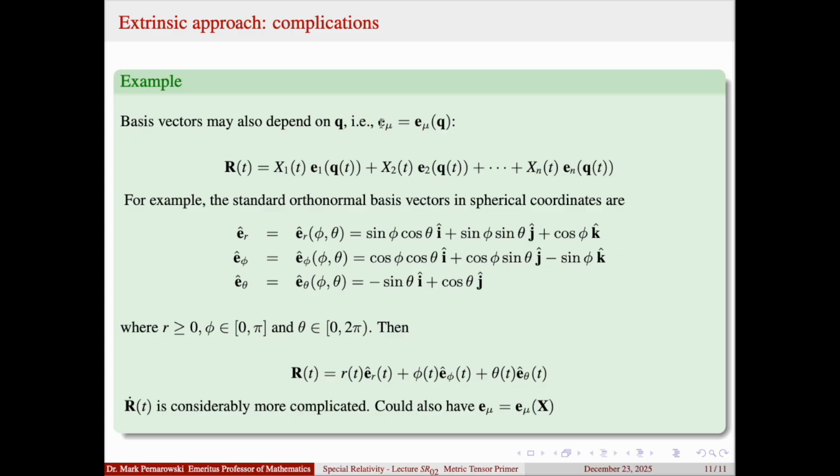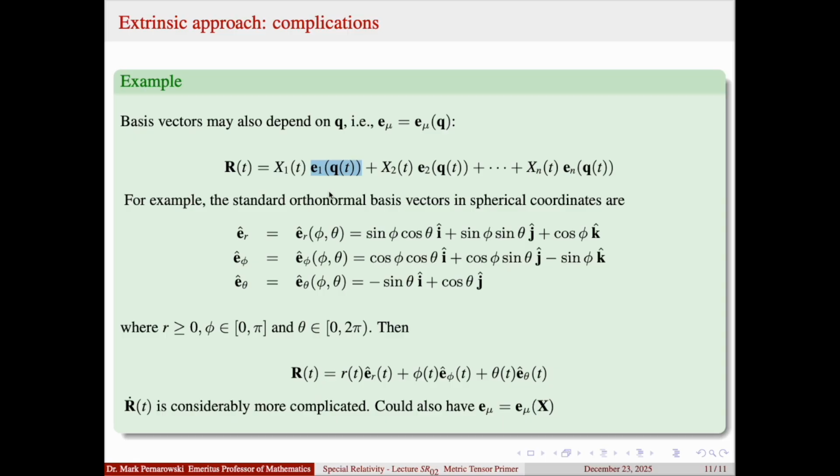Then these basis vectors themselves have to be parameterized. Here I've got a basis vector E1, for example. If I tell you what the coordinates q of t are, I can then tell you what this time-dependent E1 is.